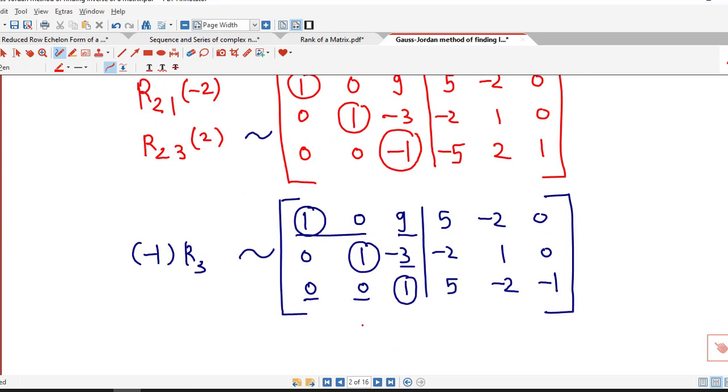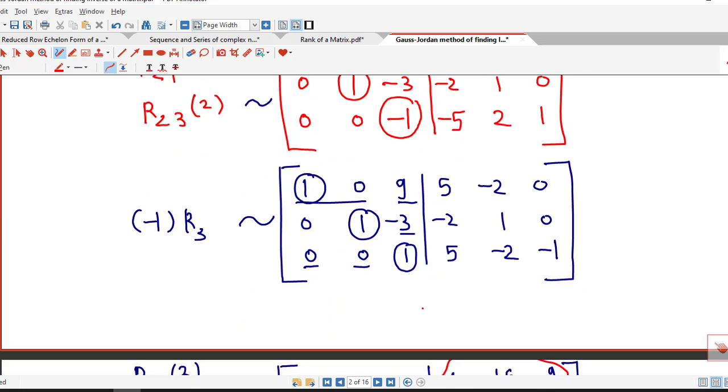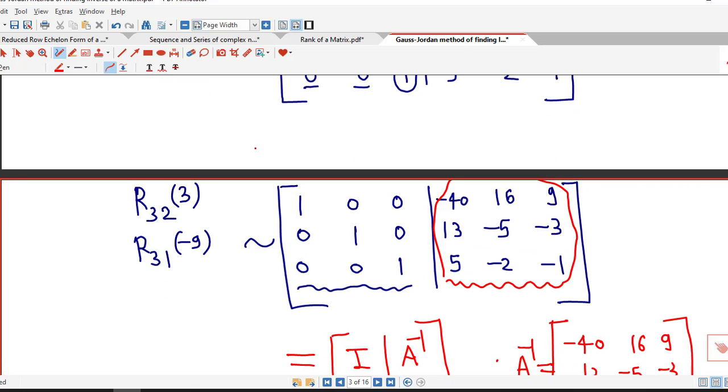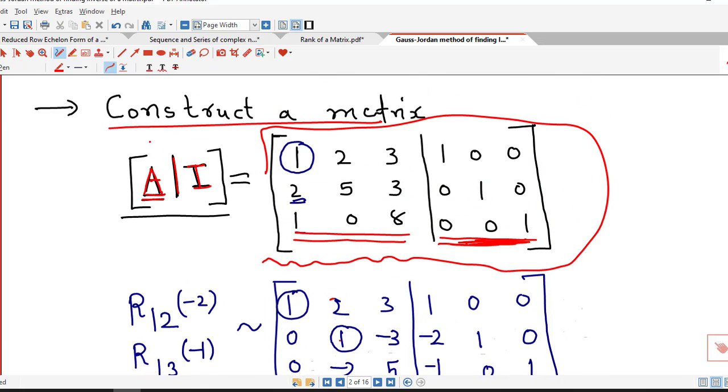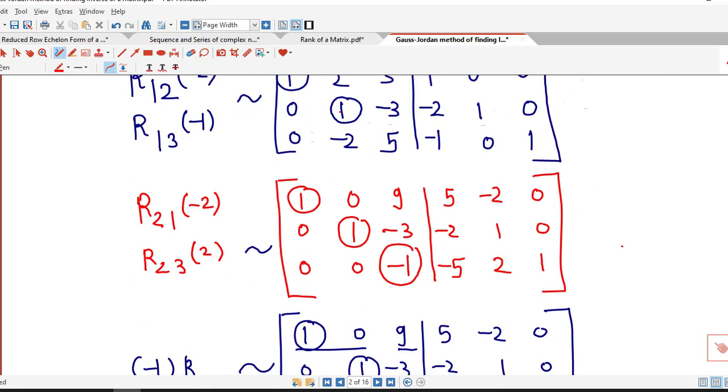Now during this process, suppose we obtain a 0 row somewhere in the reduced row echelon form. Suppose in the process of converting A into reduced row echelon form, we obtain one row as a 0 row on the left hand side, then we will stop the process and write down that the inverse does not exist.